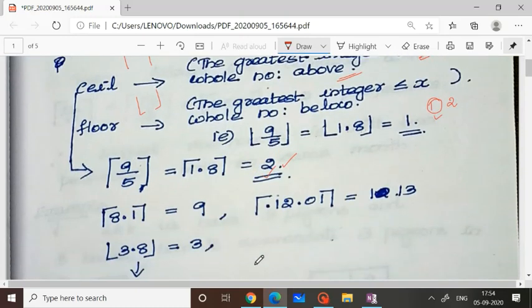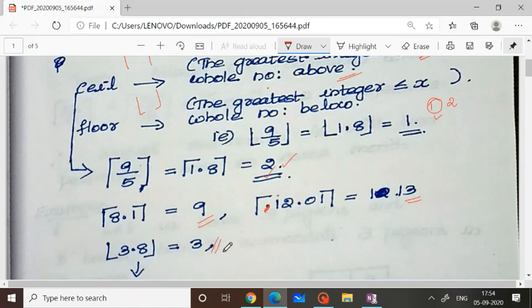Here are one or two more examples. Floor of ceil of 8.1 means the nearest whole number is 9. Floor of ceil of 12.01 means the whole number is 13. Floor of 3.8 means the value is 3.